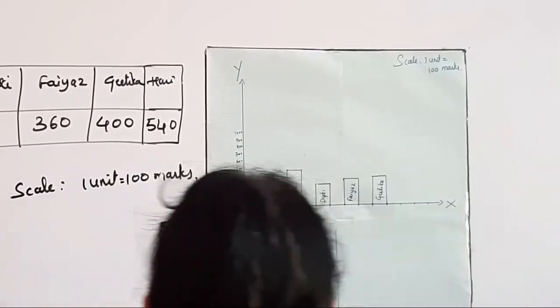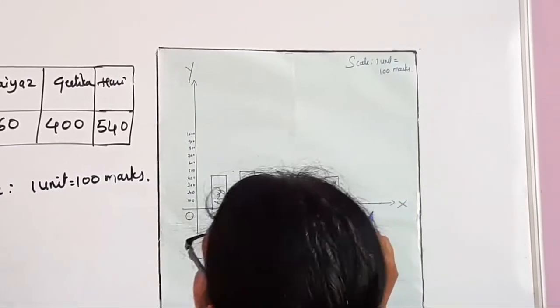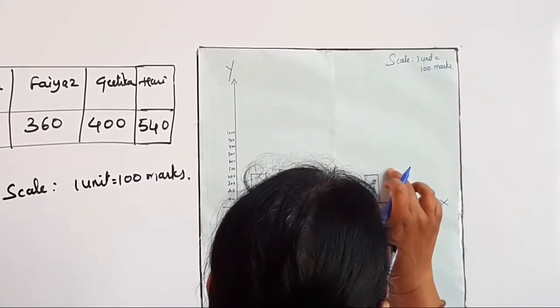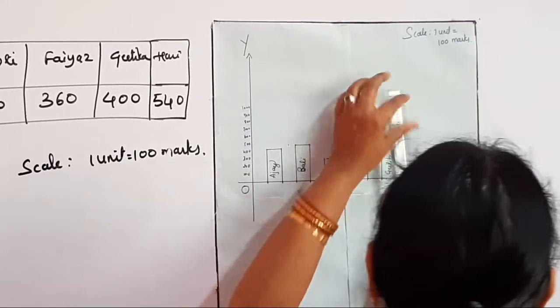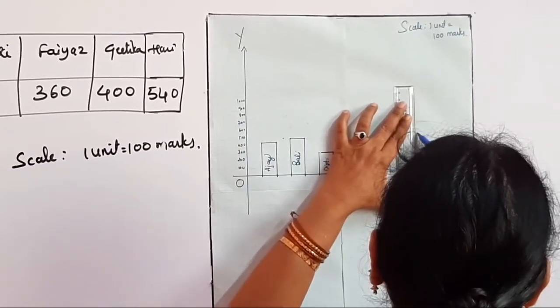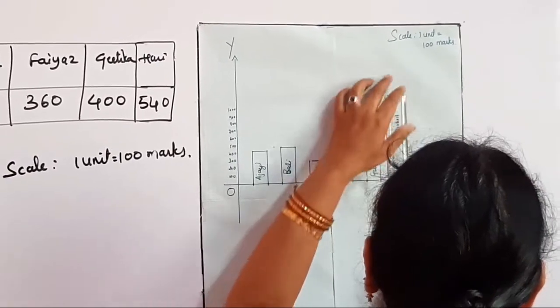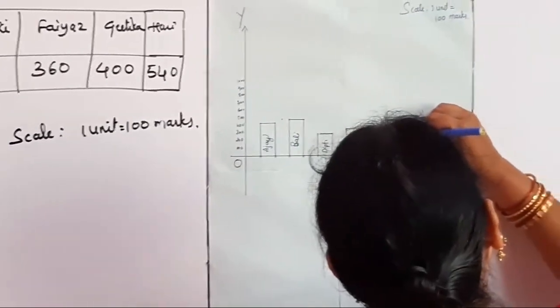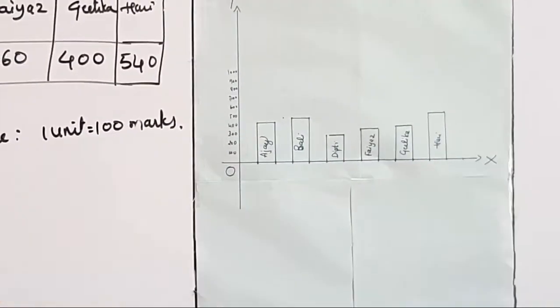Geetika. Next, Hari 540. See, 1, 2, 3, 4, 5, 500, 540. Who is this? Hari.